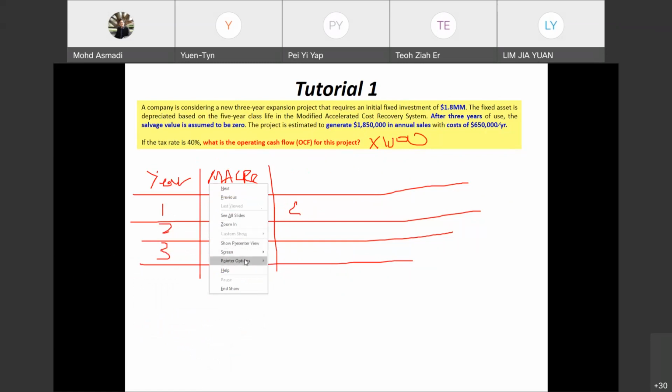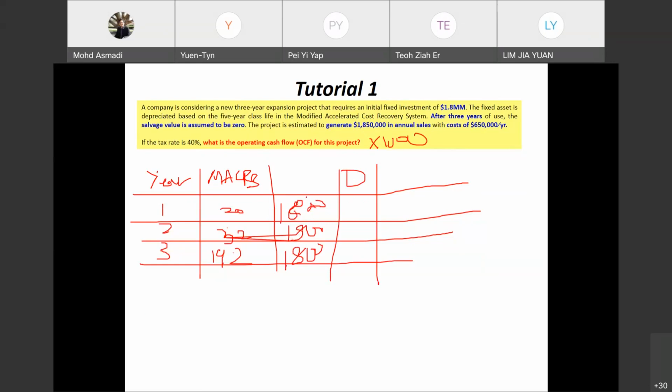Can we do together? Okay, take 1%. 1,800. 1,800. Okay. And then depreciation. So times lah. This one 1,800 times with 0.2. So when you times, you can get the value here. Okay, and then book value.